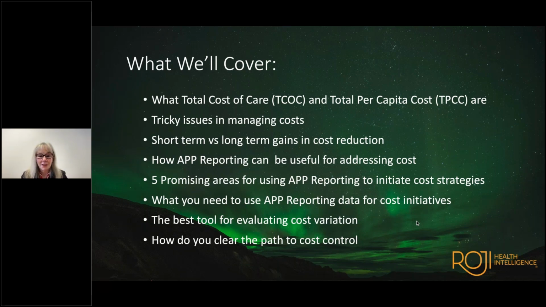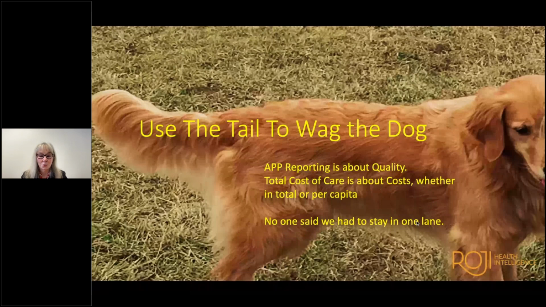The sub-theme of this is use the tail to wag the dog. So what do I really mean? APP reporting is loved by nobody, I think. It is a regulatory program, or it's perceived as a regulatory program and not quite a quality program.